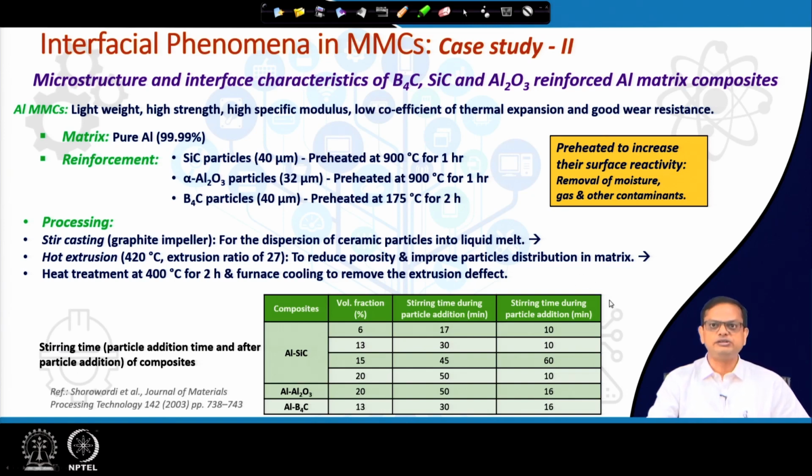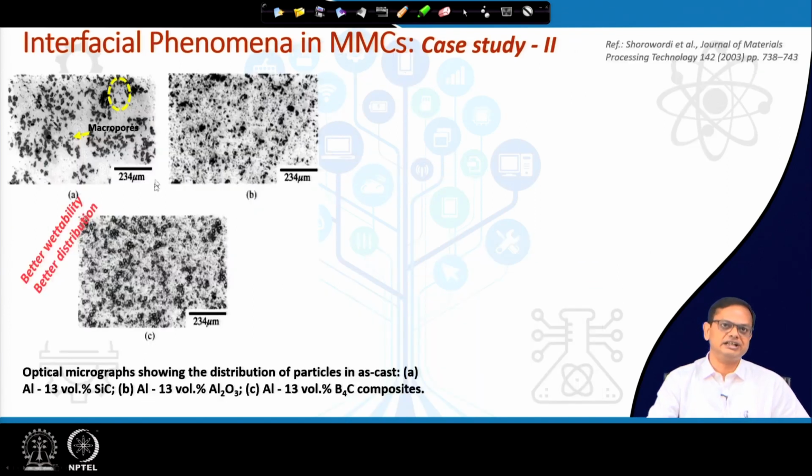Now, let us look into the results. The first piece of information you are seeing here is the microstructure after stir casting, hot extrusion and then heat treatment.